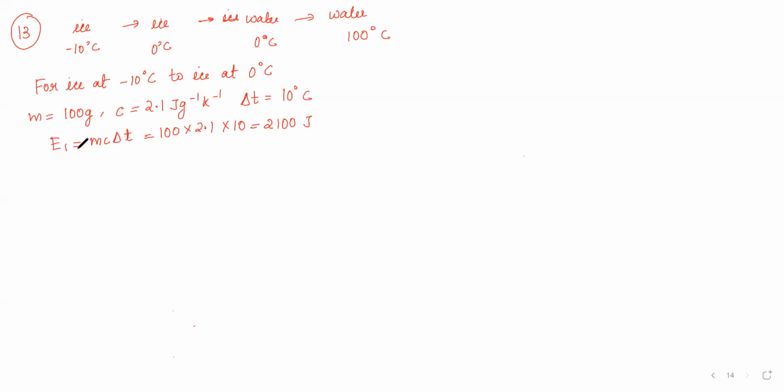Okay, and then what we will be writing for ice at 0 degrees Celsius to water at 0 degrees Celsius. Mass again is equal to 100 grams. Okay. Then since the phase is changing without the change in temperature, we'll be taking into account the latent heat.